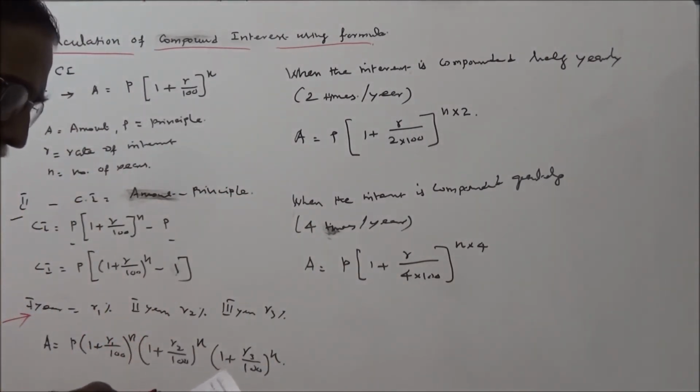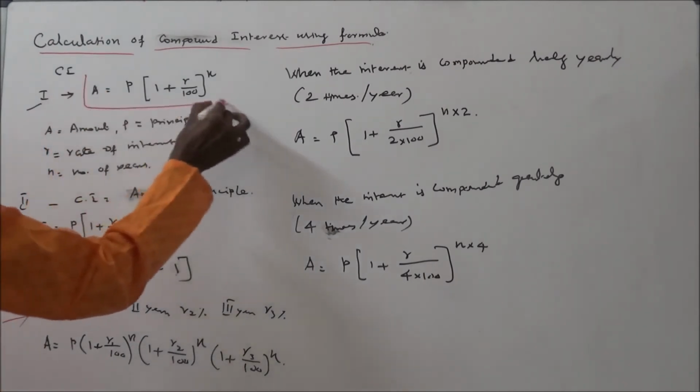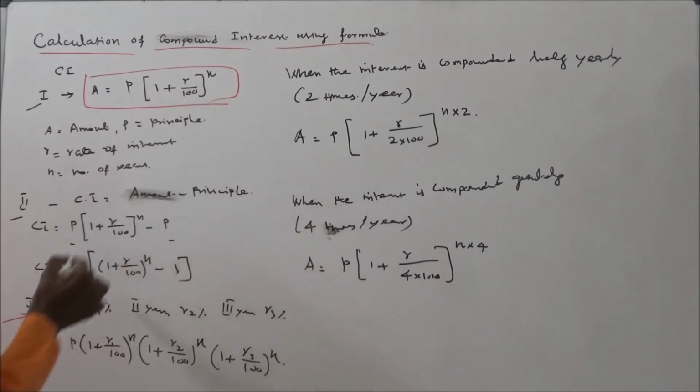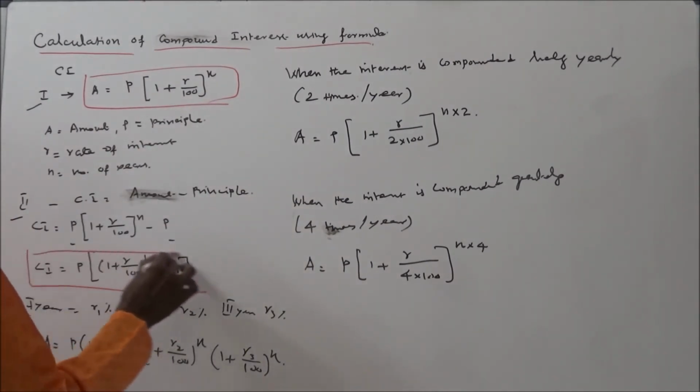So these are all very important formulas. One is the compound interest formula. Second is compound interest equal to amount minus principal.